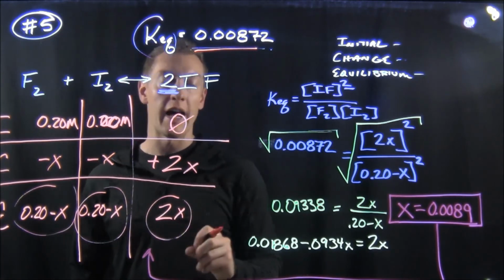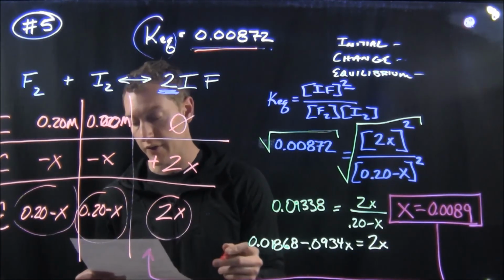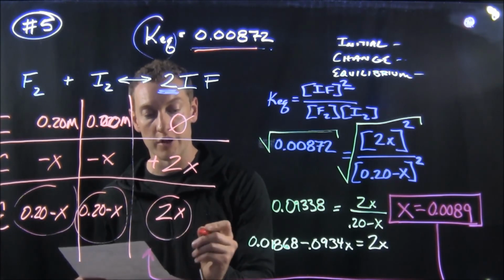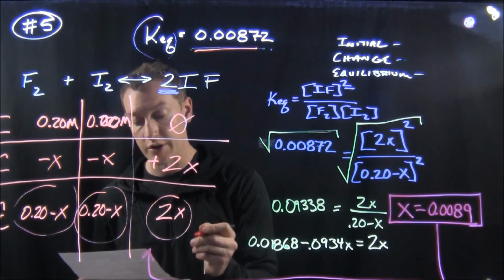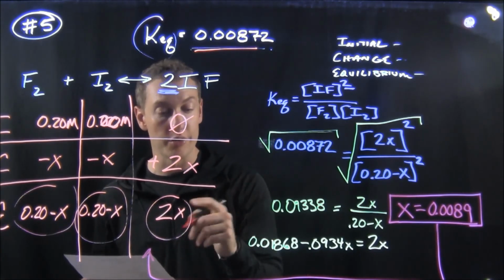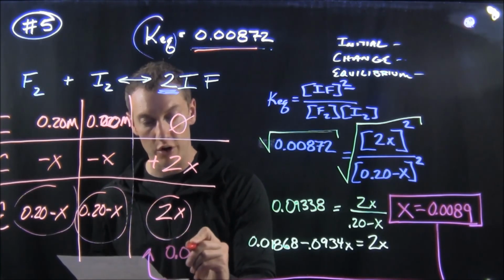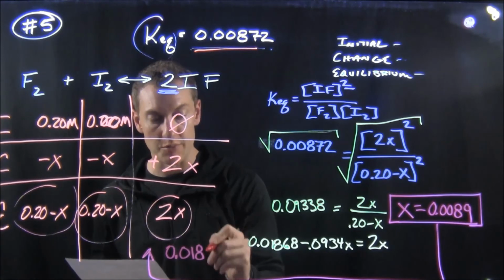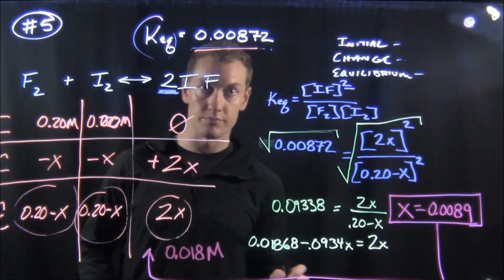So the iodine monofluoride at equilibrium will be 2 times this x value, and that comes out to be 0.01 something, but 178 probably. But with sig figs, we're going to round it off. So we're going to say 0.018, and that's moles per liter or molar, like that.